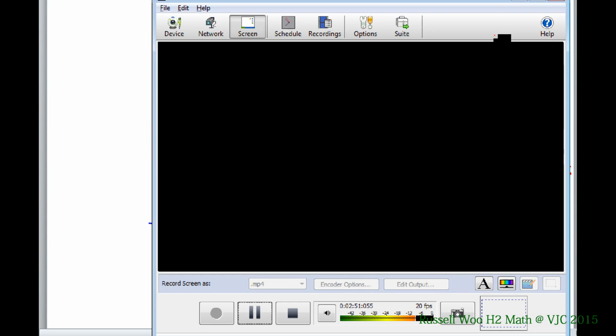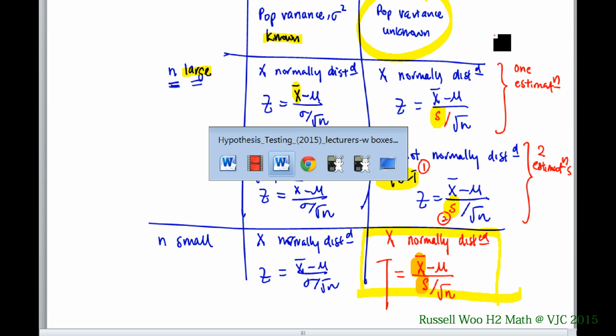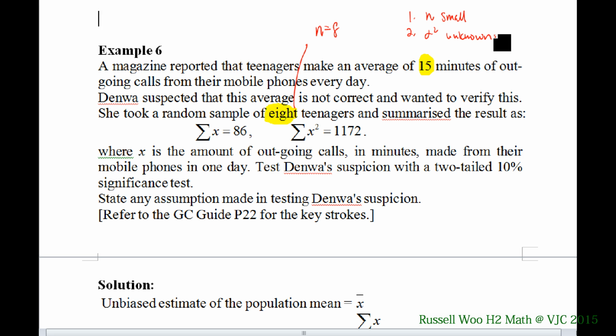Then you ask, in the problem, can you all read? Is there anywhere in the question that says x is normally distributed? Nowhere. Then if this question were to come out, you panic, cannot do, give up.